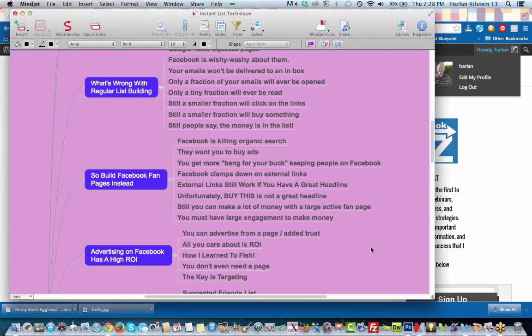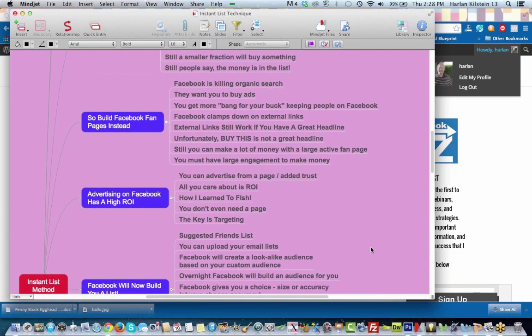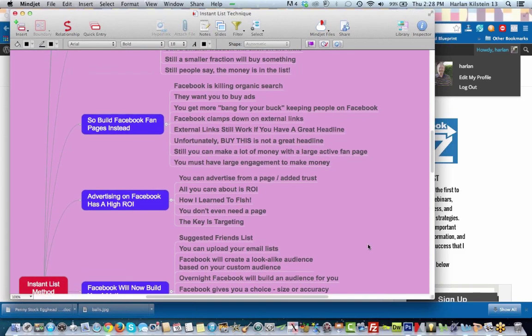Okay. So advertising on Facebook is about having an ROI. And that's the bottom line. If you can advertise from a page with engagement, you can get added trust.